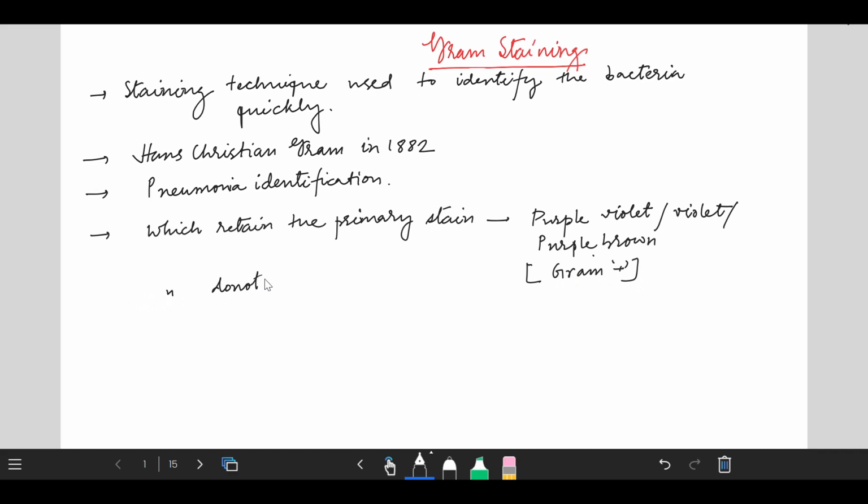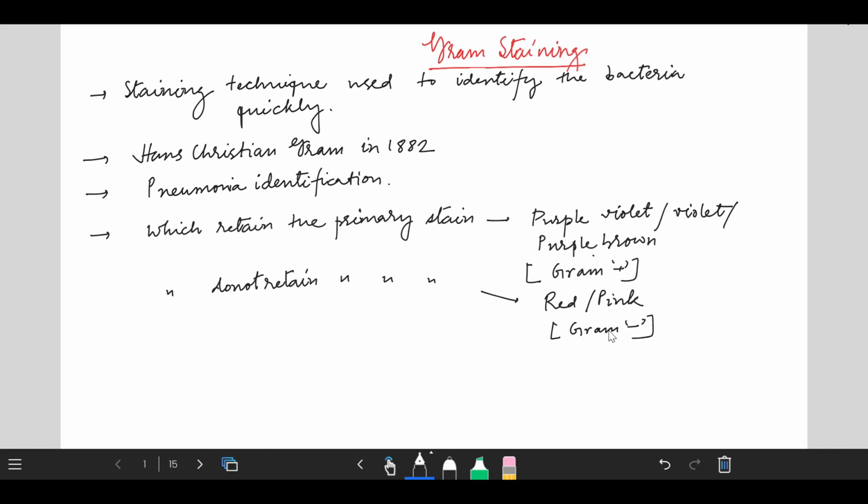And which does not retain the primary color and appears as red or pink is identified as gram negative. Okay.